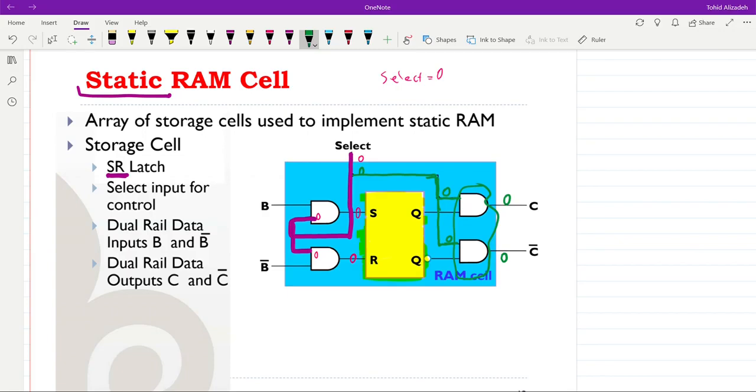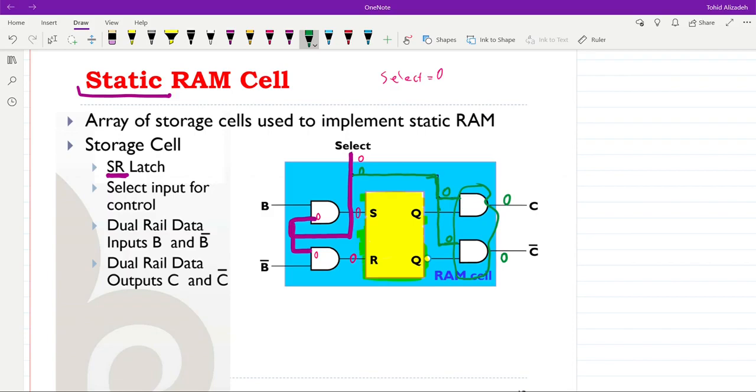This is important when we want to combine multiple RAM cells together, because in that case we will OR the outputs of the cells with each other. Therefore, when a given cell is not selected, it will give us 0, and if we OR it with the others, it will be fine.